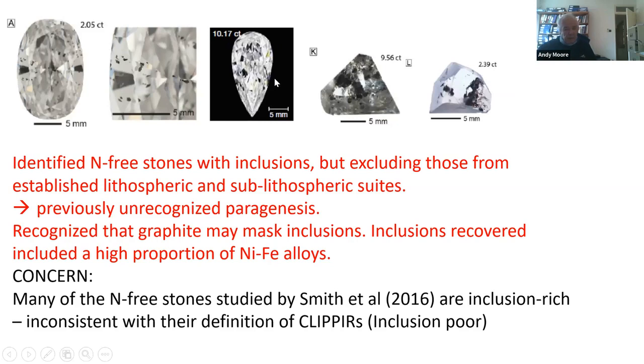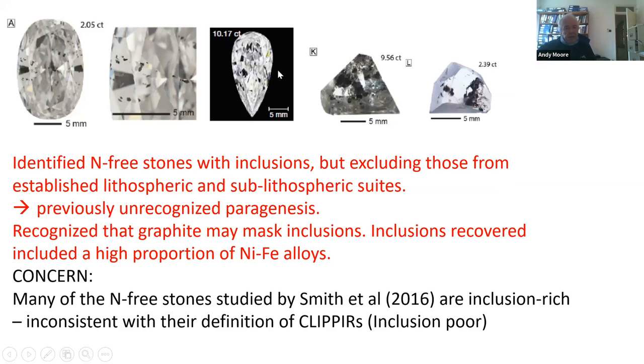And they found nitrogen-free stones with inclusions which indicated a sublithospheric provenance. It was a very, very meticulous study.